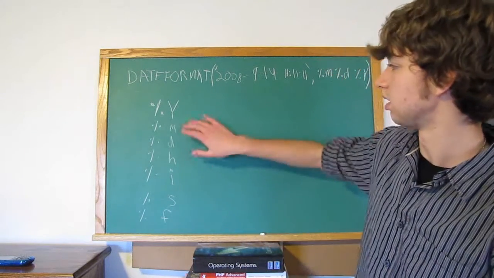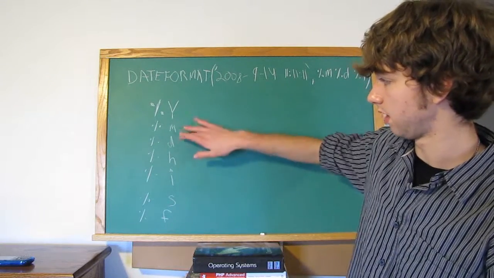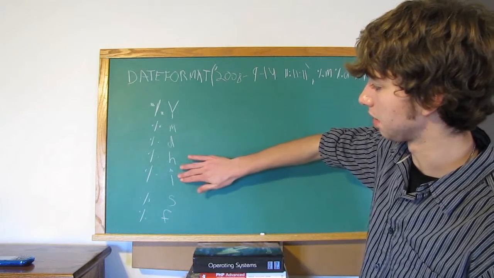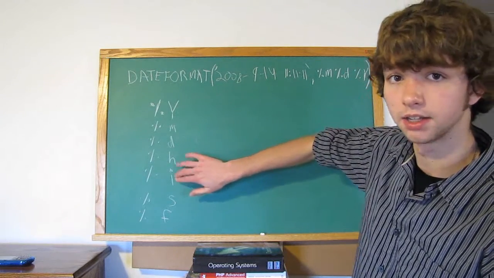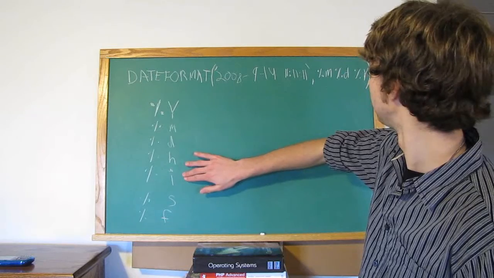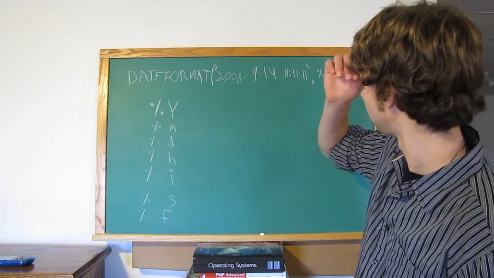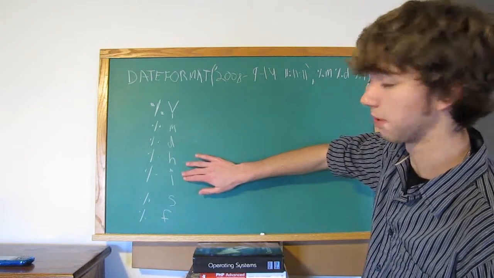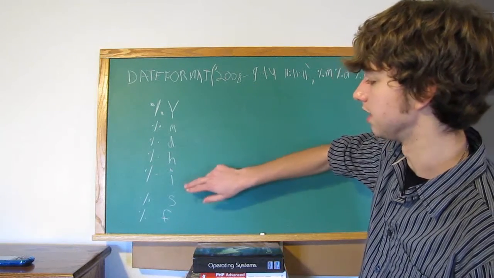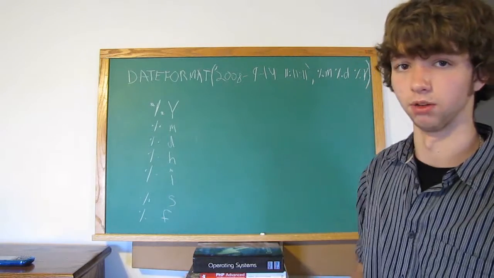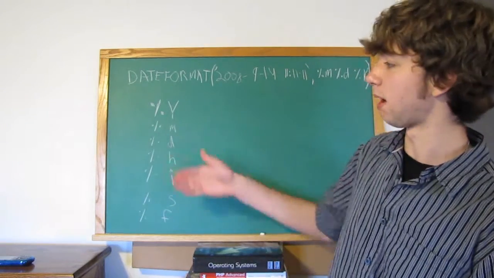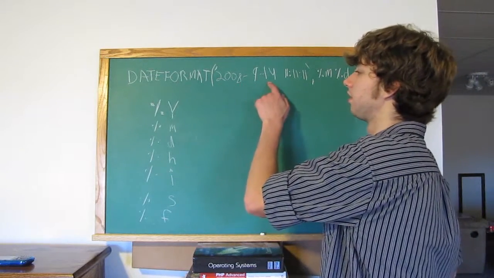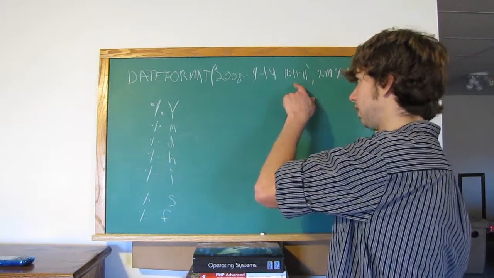These are all lowercase, M D H I S F: year, month, day, hour, minute, it's an I, you gotta realize it's not an M. M is representing the month, I represents the minute. S is the second, and F is microseconds. I line these up in order: year, month, day, hour, minute, second, microsecond.